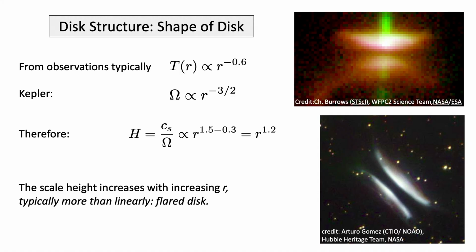It's called a scale height. And this increases with something like r to the 1.2. So you see, the farther away you go from the star, the thicker your disk becomes like this. And that's what you see in these pictures. So that's a very short explanation why we see this widening of the disk with distance.